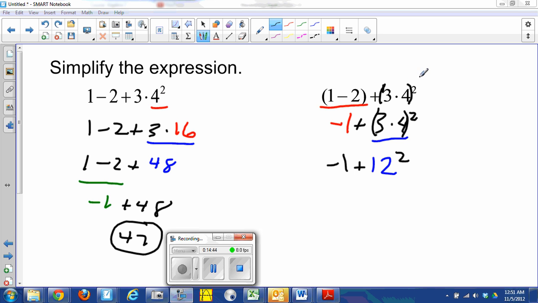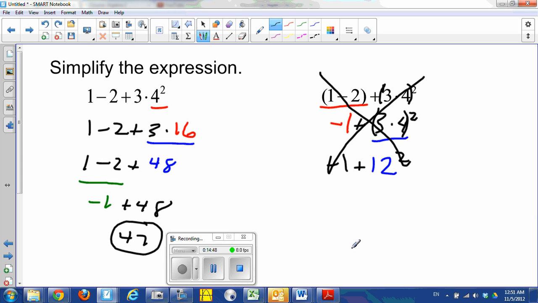Okay, and I suspect, you know what, I'm going to scratch this example because I've got the same example essentially. Grouping the 1 minus 2 doesn't really affect much. So let's just skip this example. I'm just skipping it, not because it's not a good example, but because I have another one that's basically the same thing.